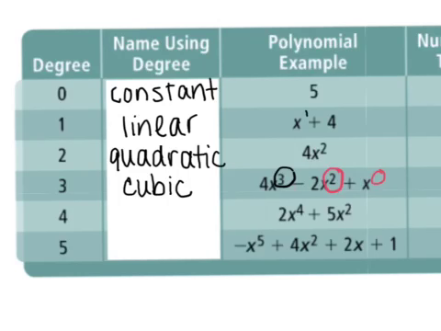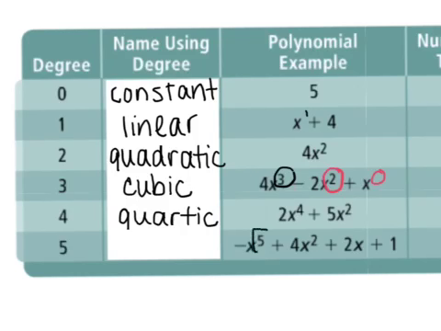Anybody want to take a shot at 4? Think about $1. 4 quarters in $1. Degree 4 is called quartic. Degree 5, you can see our example there.